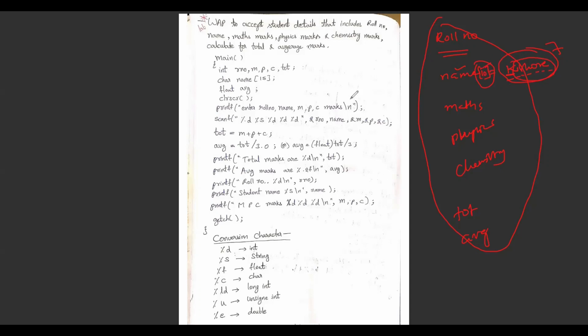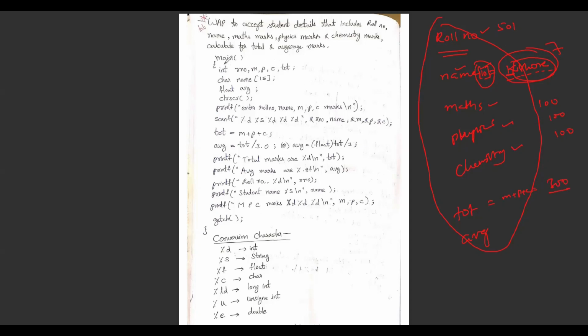10 characters like this. For example, first roll number will be integer, suppose 501. Name should be character, because name is always in terms of characters. Then maths will be integer, physics integer, chemistry integer. If I take maths marks 100, physics marks 100, and chemistry marks 100, then total equals m plus p plus c, which is 300, also an integer.